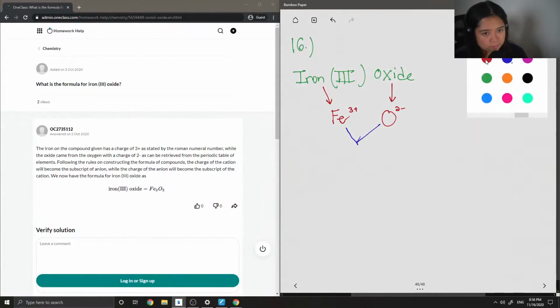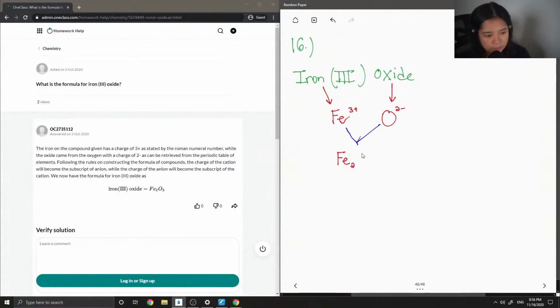So we would need 2 atoms of iron and 3 atoms of oxygen.